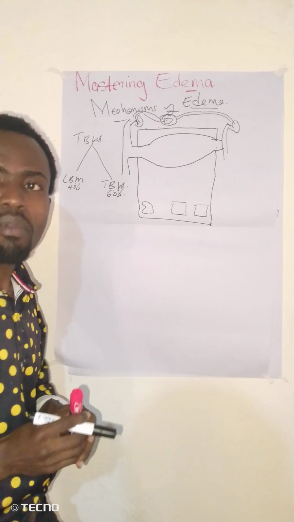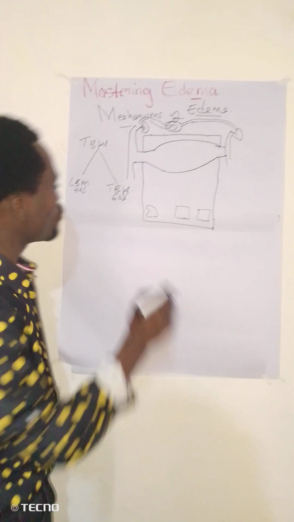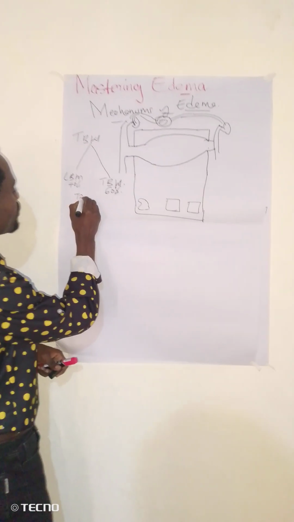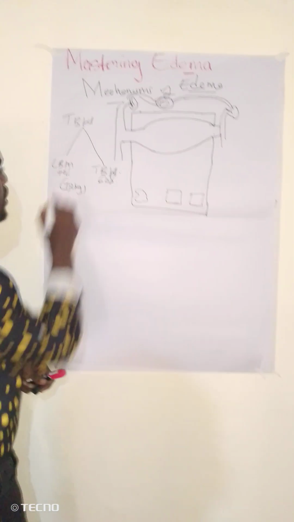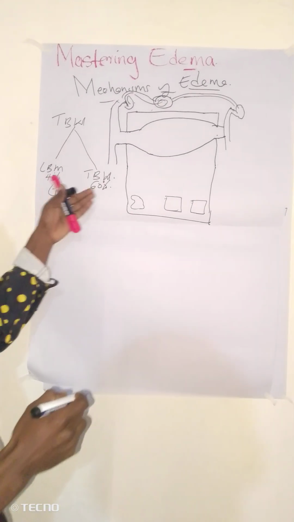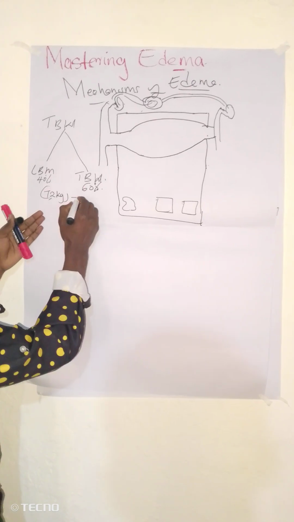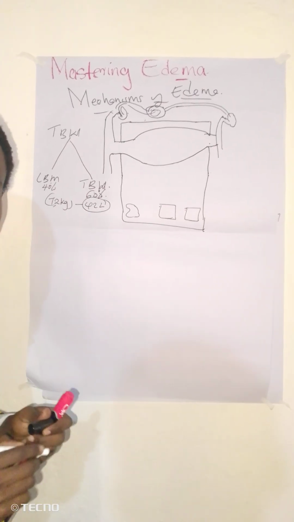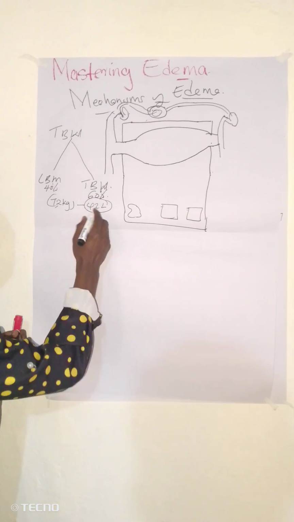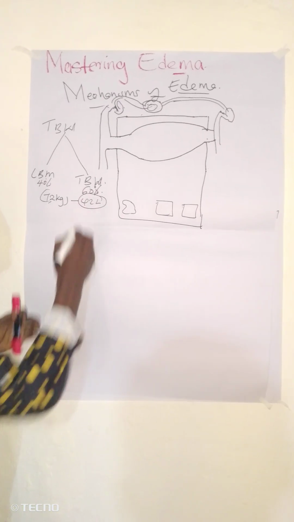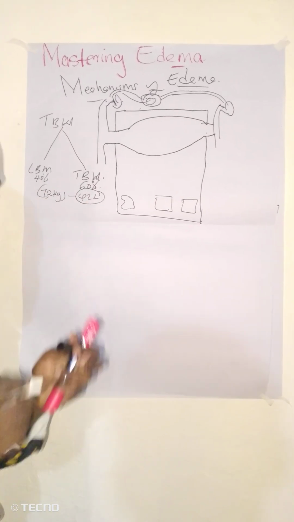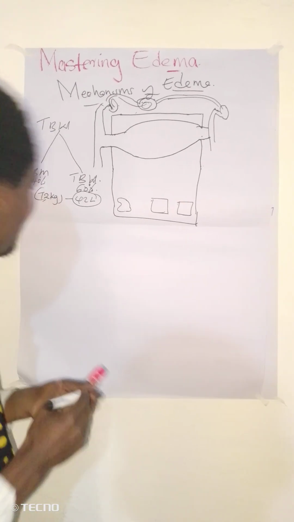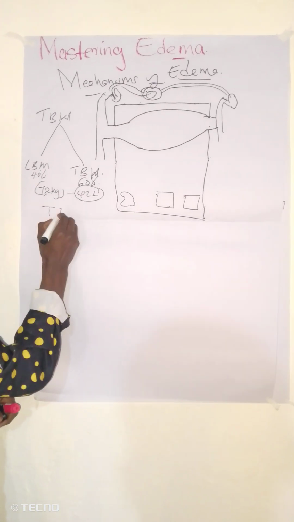Let us say, for example, we have a patient who is 72 kg. When we calculate, this person will have total body water of 42 liters. We said that this 42 liters is in both the intracellular and extracellular space.